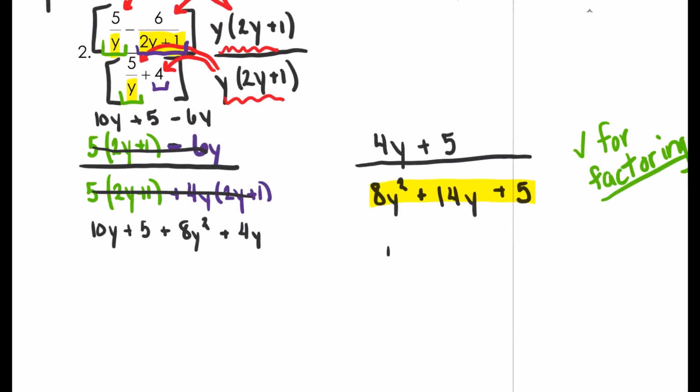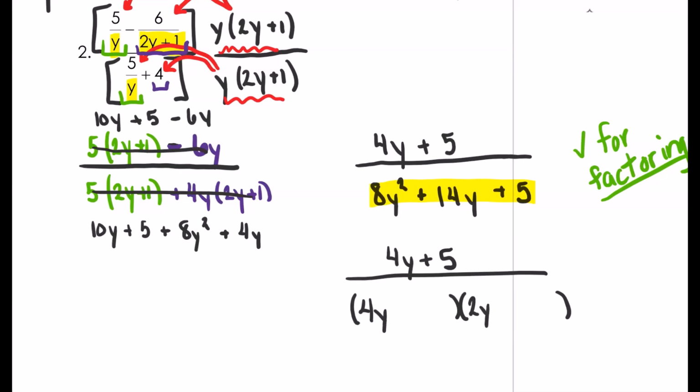All right, so my numerator is still 4y plus 5. Well, 8y squared could be 8 and 1 or 4 and 2, and I'm envisioning that it's going to be 4 and 2. So if I do 4y and 2y to get that middle term to be 14, notice that I would need, let's see, if I do plus 1 here and plus 5 here, I would get 14y, and so that middle term does check.